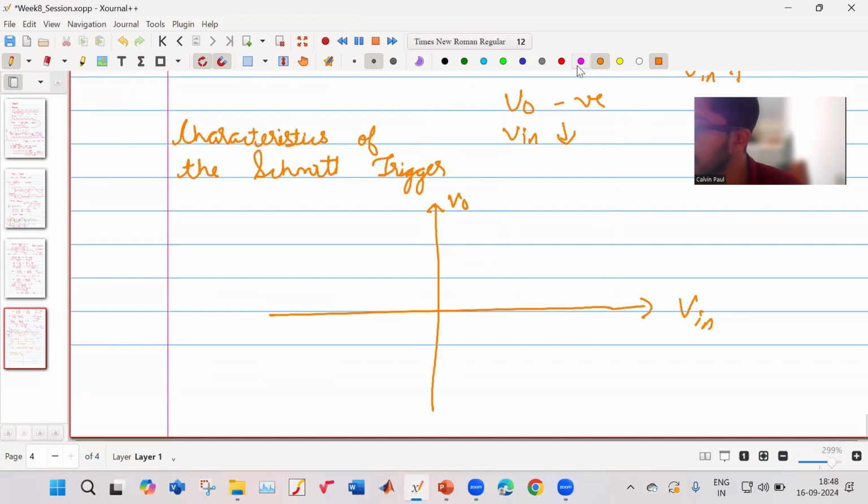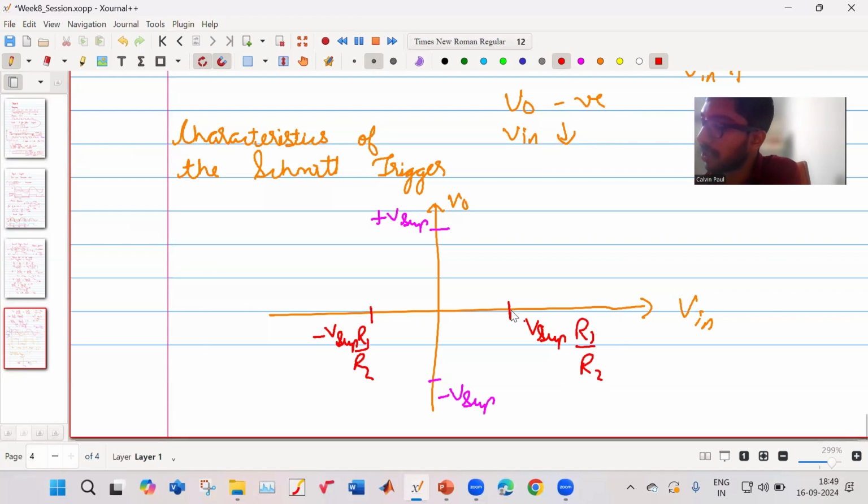Let us say this is the plus V supply, this is the minus V supply. This is one band: V supply into R1 by R2, and this is minus V supply into R1 by R2. So this is the upper trigger point, this is the lower trigger point.